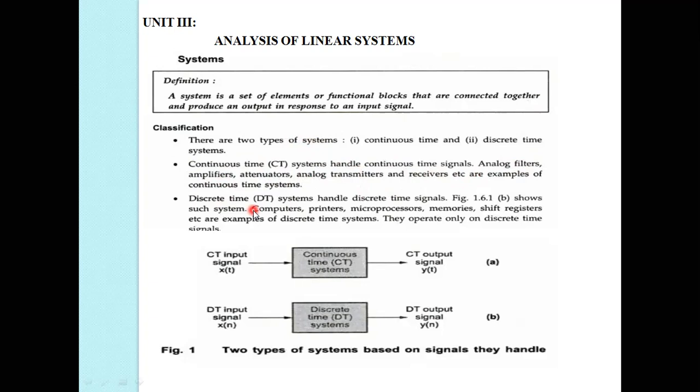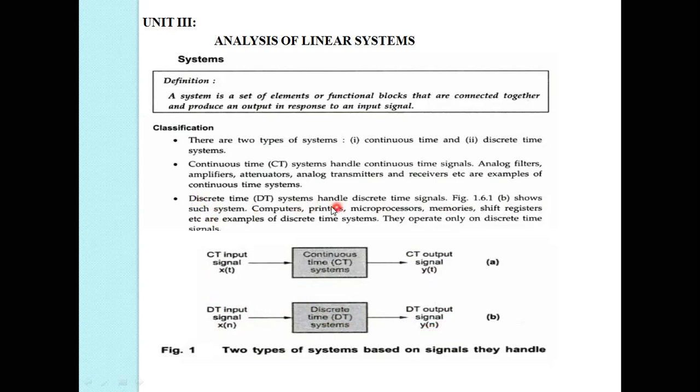Coming to the second one, the discrete time system. This discrete time system handles discrete time signals, shown in such a system here. See here, the input is a discrete time input signal x of n, and the output is a discrete output signal y of n. x of t and y of t are continuous, x of n and y of n are discrete.